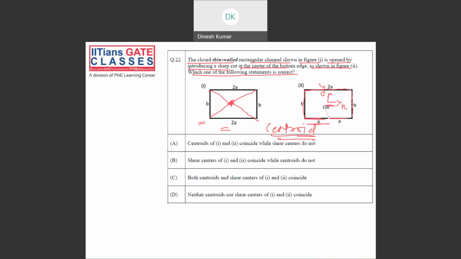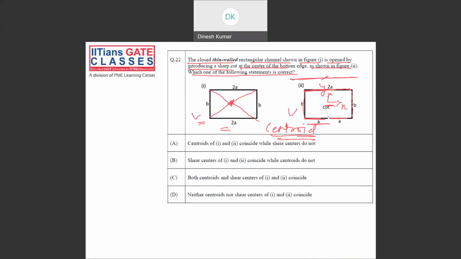So in this case, your centroid will remain the same, but when you make a cut open section, your shear flow distribution will change from closed section to open section. So your shear center position will change. Usually your shear center will lie somewhere on the left of this, somewhere here.